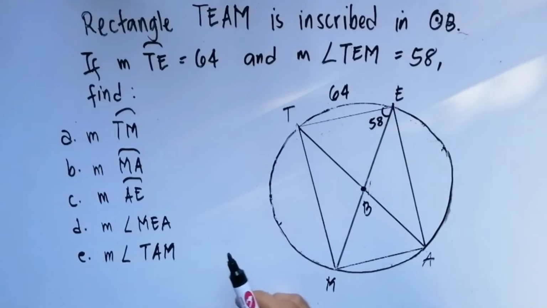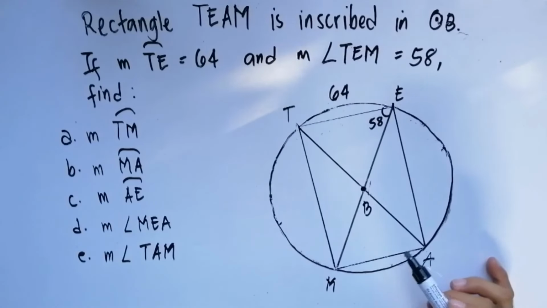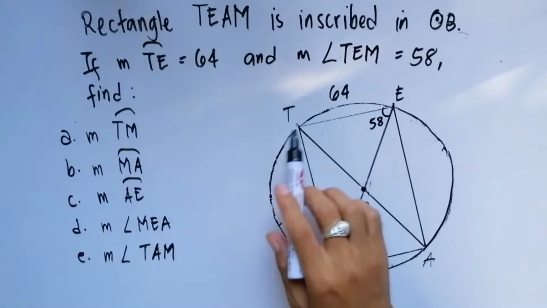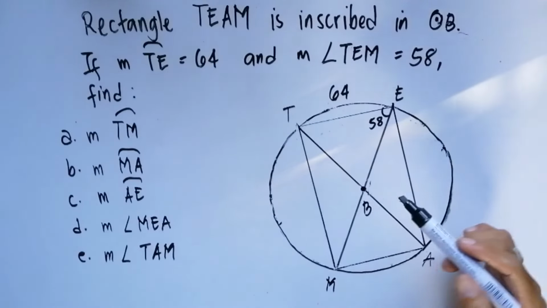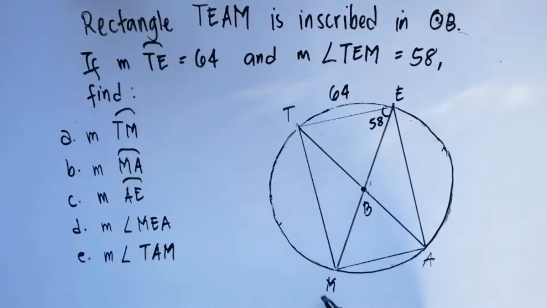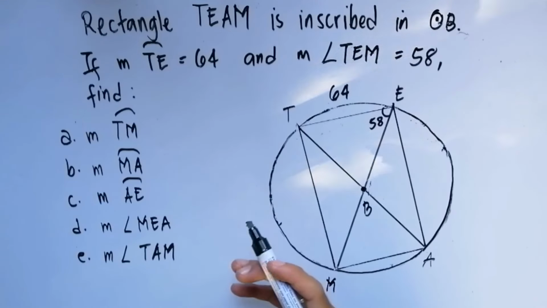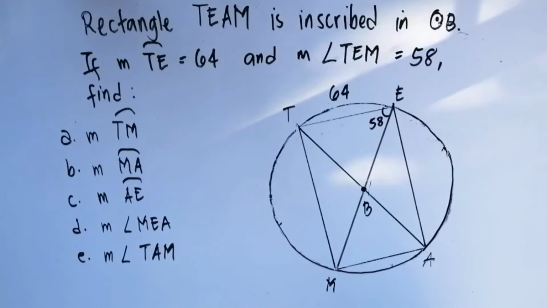Rectangle TEAM is inscribed in circle B. If the measure of arc TE is 64 and the measure of angle TEM is 58, find. The line segment EM is a diameter, so therefore the measure of this side is 180 degrees, that is the semicircle.